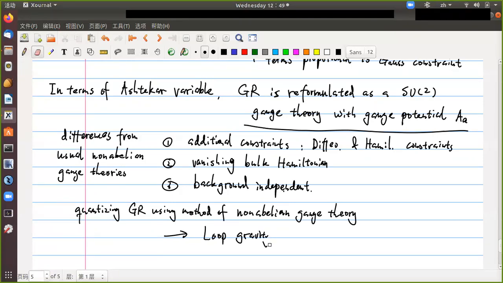This is something I'm going to talk about in the next lecture. We are going to talk about quantization, at least some further preparation of quantization, in the next lecture.